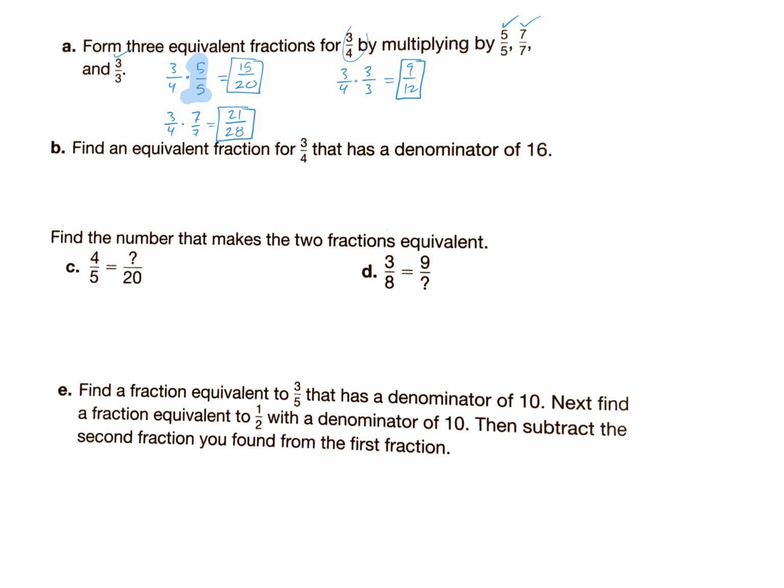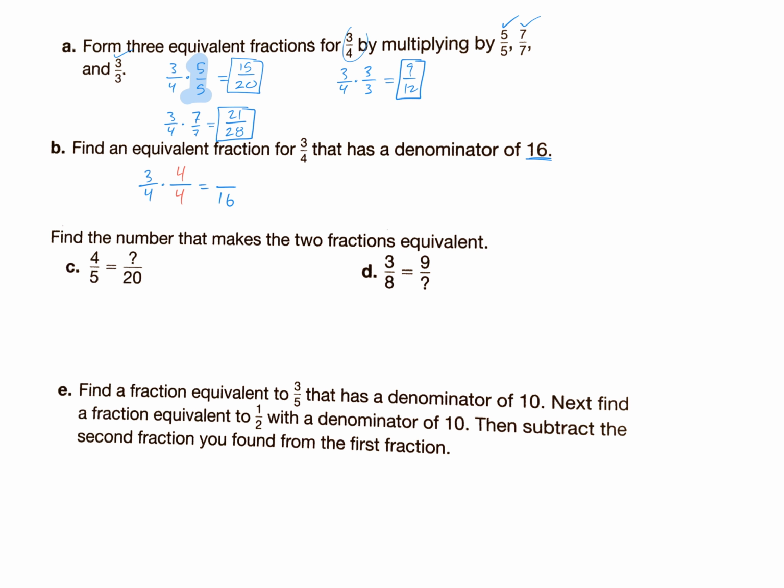Now, this one here says find an equivalent fraction for 3/4 that has a denominator of 16. So what I'm thinking about is I want this to be 3/4. I'm going to multiply it by something over something, and I want it to equal something over 16. So what I need to think about is 4 times what is going to give me 16? Well, I'm remembering that 4 times 4 will give me 16.